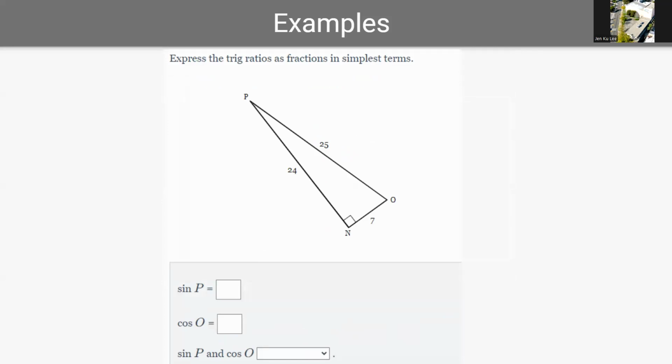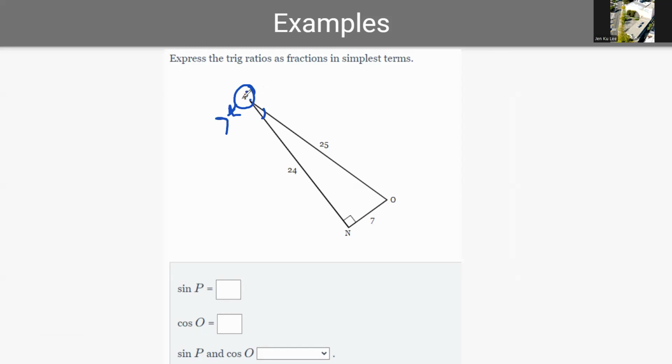Express the trig ratio as a fraction in simplest form. So there's 3 parts to this, right? Sine of P, cosine of O, and sine of P and cosine of O. And there's a drop-down menu. Okay. So sine of P first. So P is right here, right?